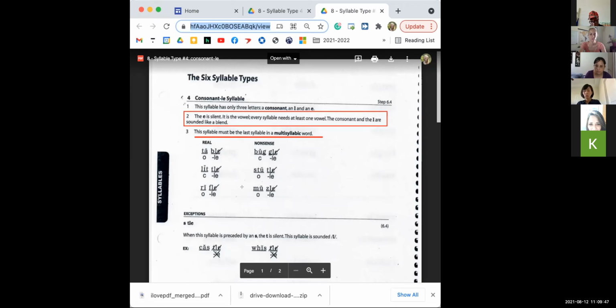Muscle. So we see the consonant, the L, and the vowel E. The E is silent.